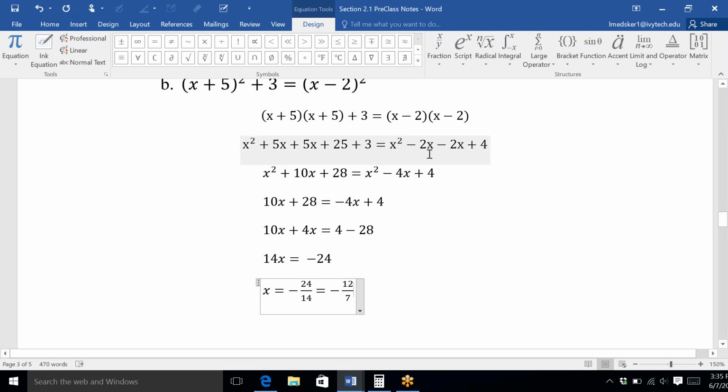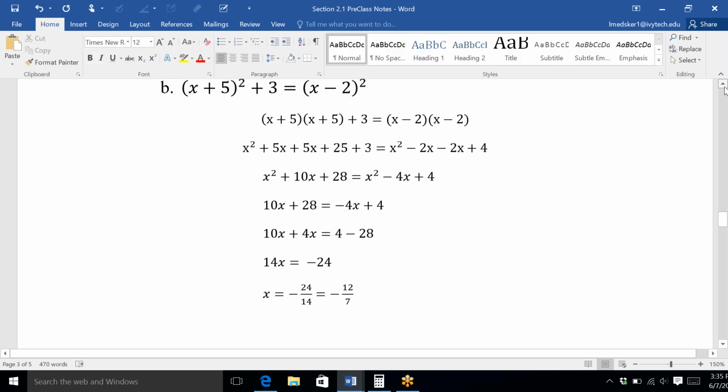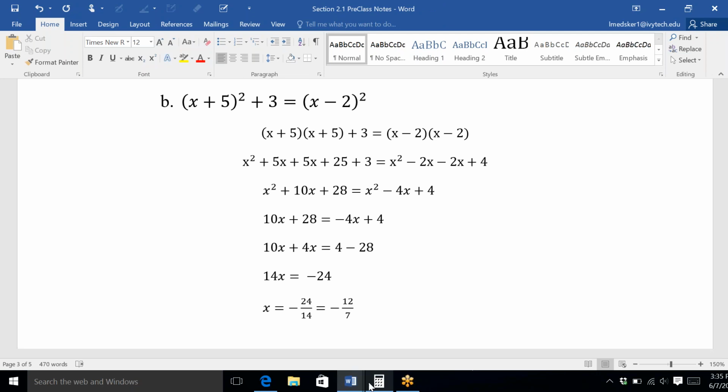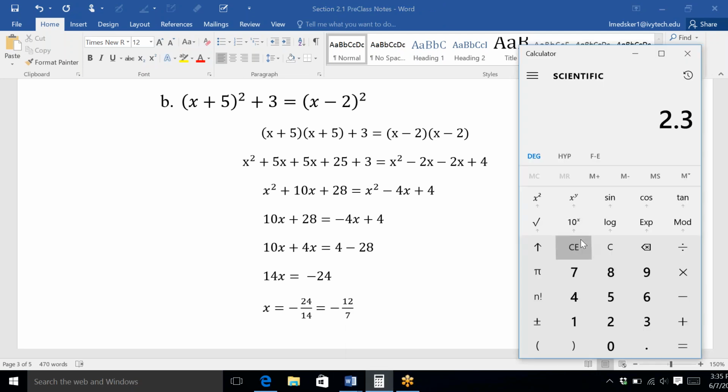Okay. Now, if I wanted to, I could check that out by working it back into the problem. So I'm just going to show you on my calculator that this actually works. You don't always have to check on paper. So I'm going to type in, and this is going to go to decimal form, but I'm just not going to clear anything out so that I can keep an accurate answer.